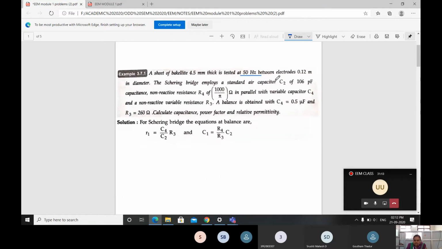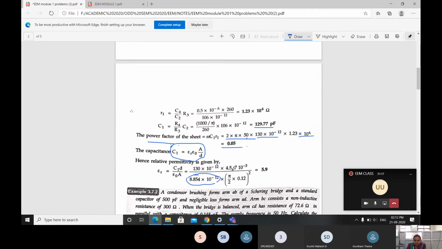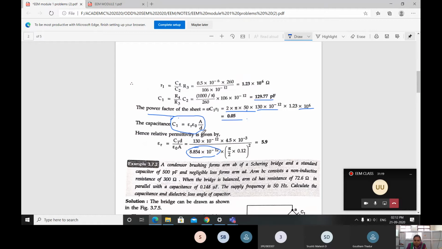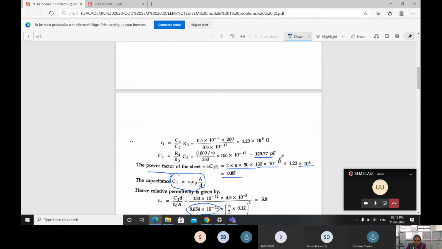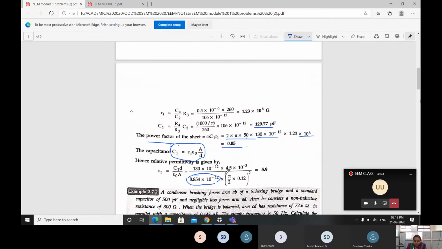D is given here as 4.5 millimeter. That is what you have to take here. Then area is going to be pi by 4 into the diameter, 0.12 squared. That is what you have to take, and if you solve this, you will get the value as 5.9.